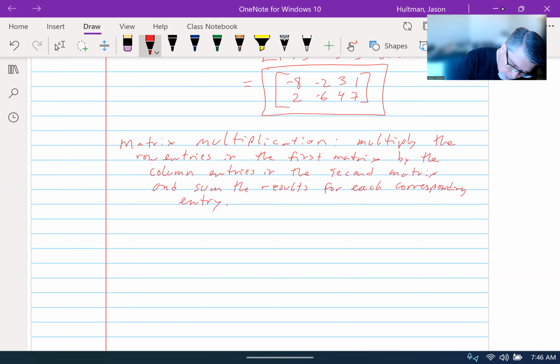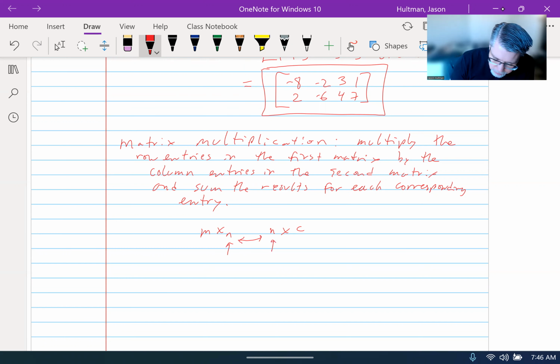Okay, so one thing that we need to say is that if we have an m by n matrix, and then we have an n by c matrix, where c is not the same as m, we can multiply these together, but these n's have to match up.